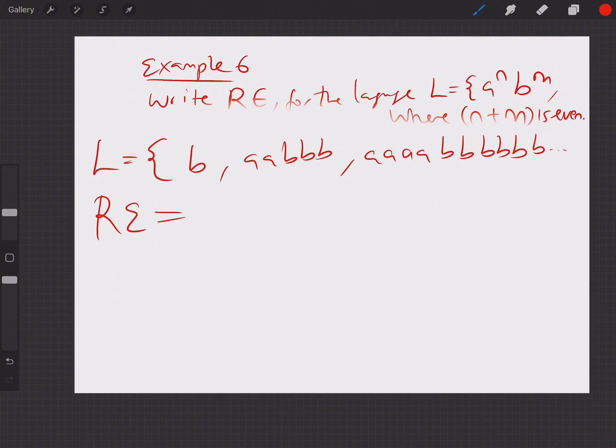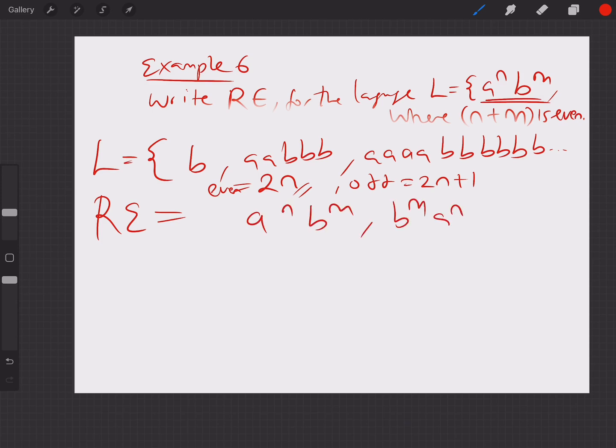Remember the formula 2n for even. Odd is 2n plus 1. Remember also that we're given a pattern a^n b^m, so we are not going to have the reverse b^m a^n. We're not going to have that. That's wrong. So a^n b^m, what will it look like in a regular expression?